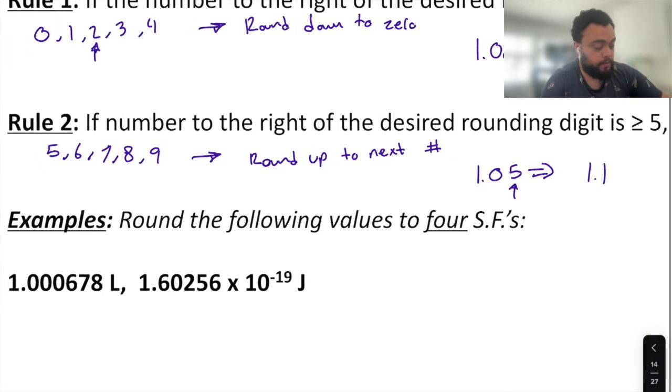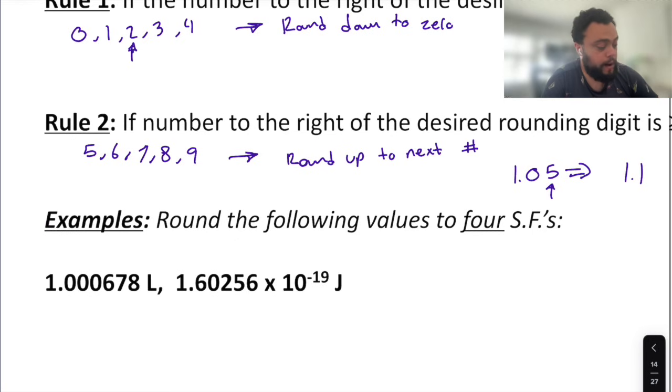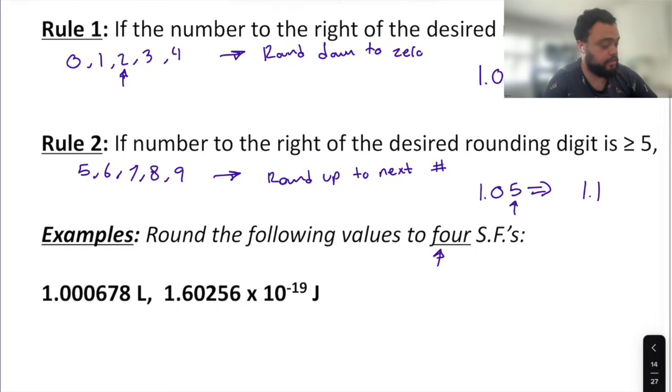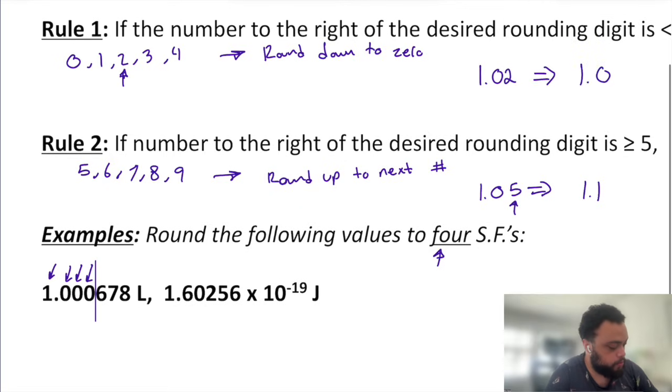In the same vein, if I were to round these two numbers to only four significant figures, I'm only going to take the four highest significant figures. For example, we have one, two, three, four. So I need to trim. That means I'm going to round this six either up or down.